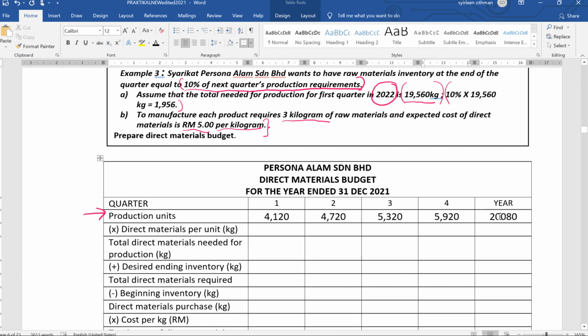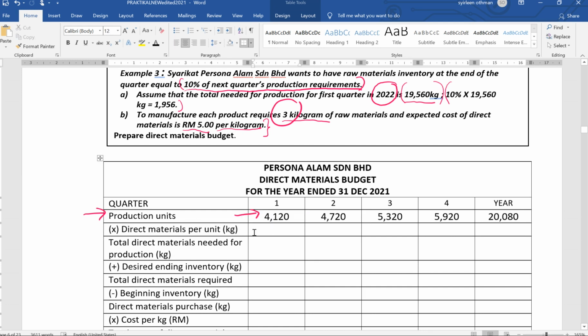As you can see here, we are supposed to produce 20,080 units of finished items. Each finished good requires 3 kg, so here you need to multiply with the direct materials per unit.